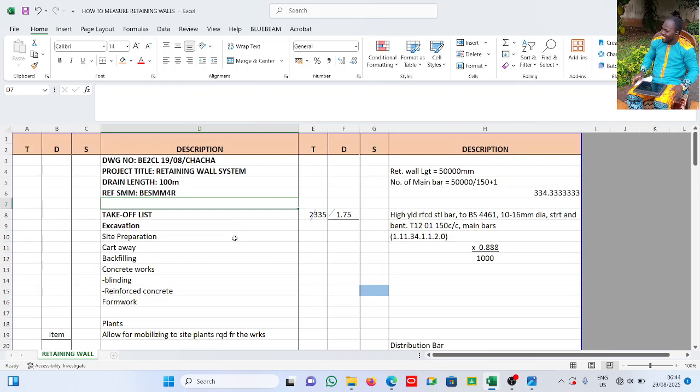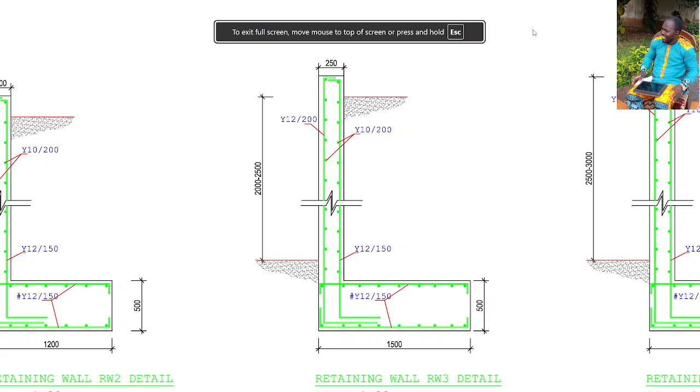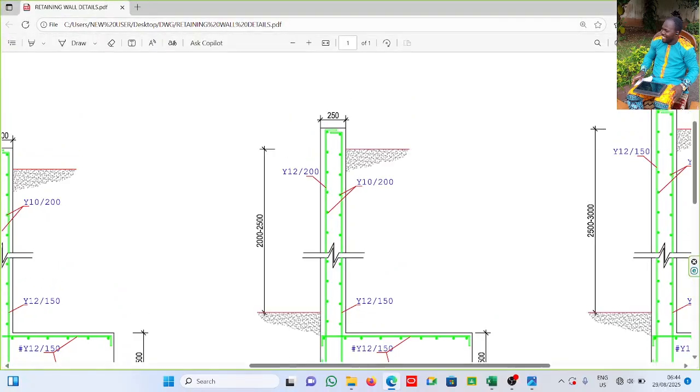We'll be using this particular design, this drawing with this detailing, and working with this here.